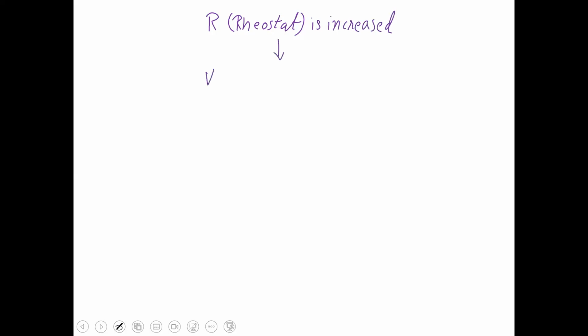This increases the voltage across the rheostat. Why does this happen? Because voltage is proportional to resistance.